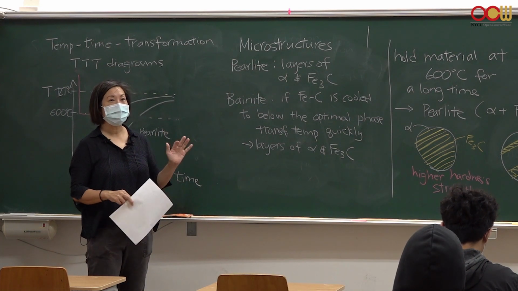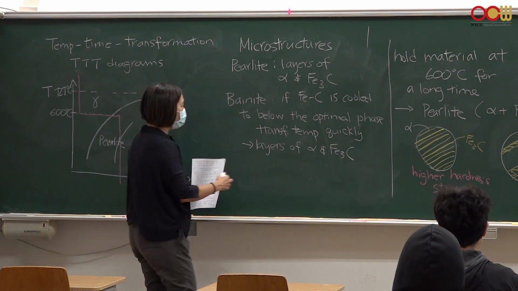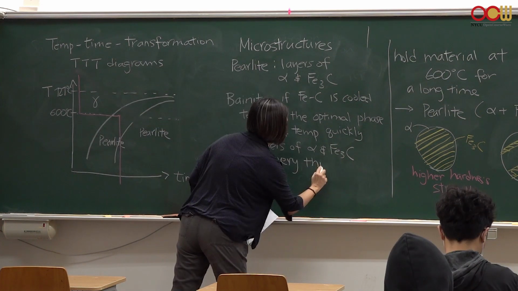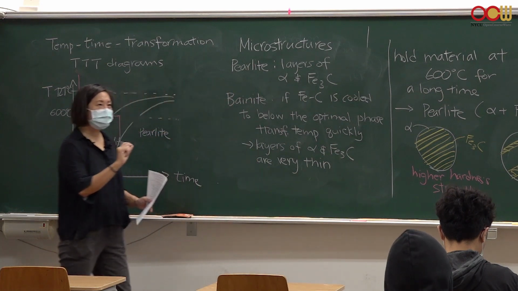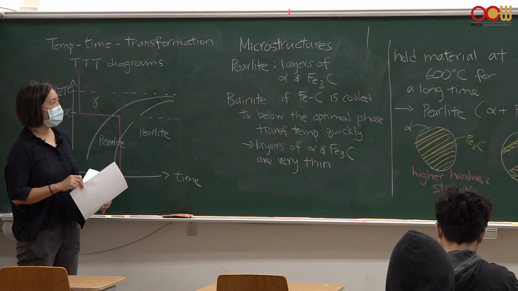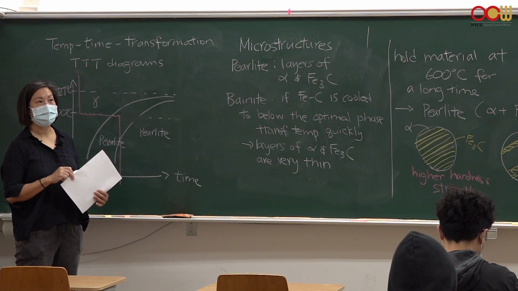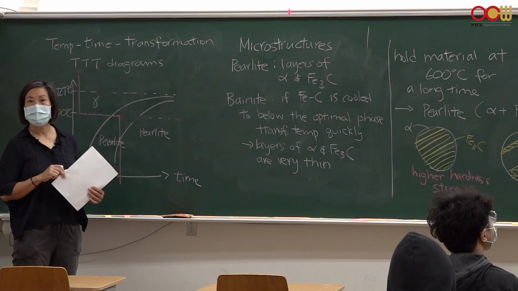They have to form very, very fast. And there's not much time for diffusion. And so the layers are very, very fine. So really, really tiny layers. And so it's actually usually not able to be seen under the microscope. So you actually might not see the layers because they're so small.